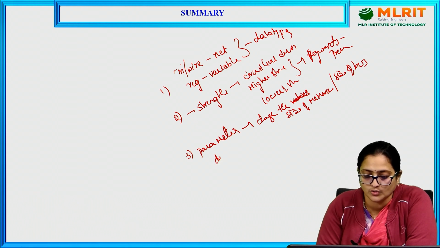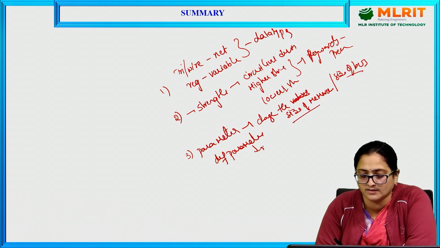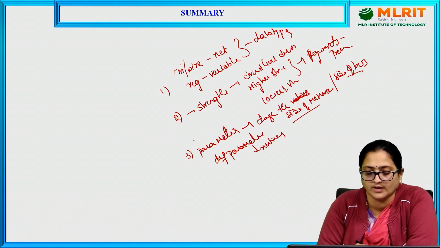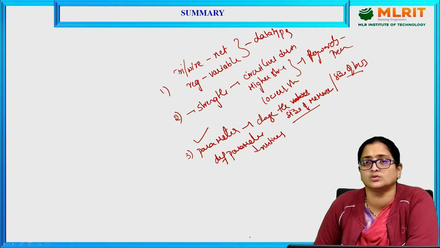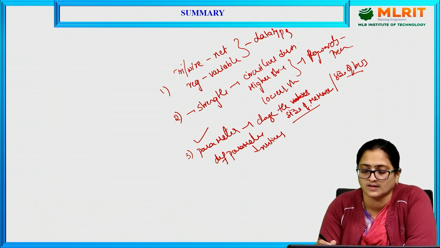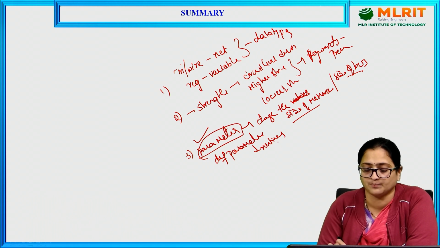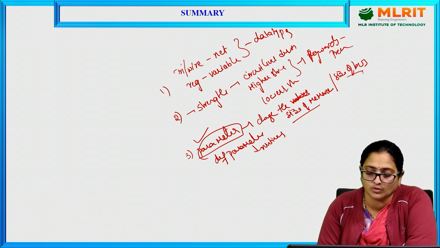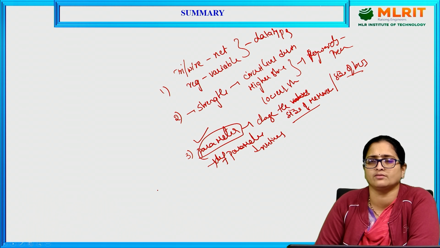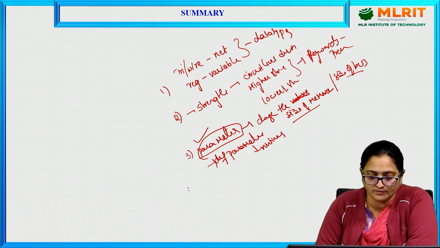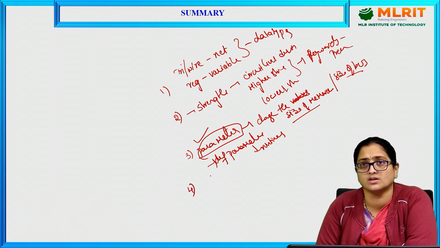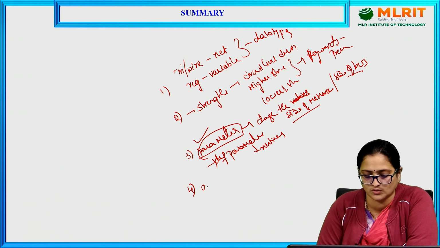You can also use the defparameter keyword to change the size of the memory and bus at runtime, whereas the parameter keyword cannot be used at runtime. If you want to change the size of your memory or bus at runtime, you can use defparameter. And we also know that we have four logic values which are 0, 1, X and Z.